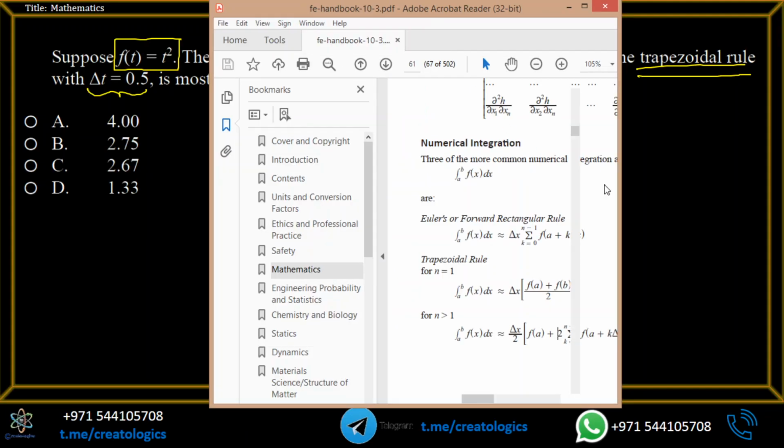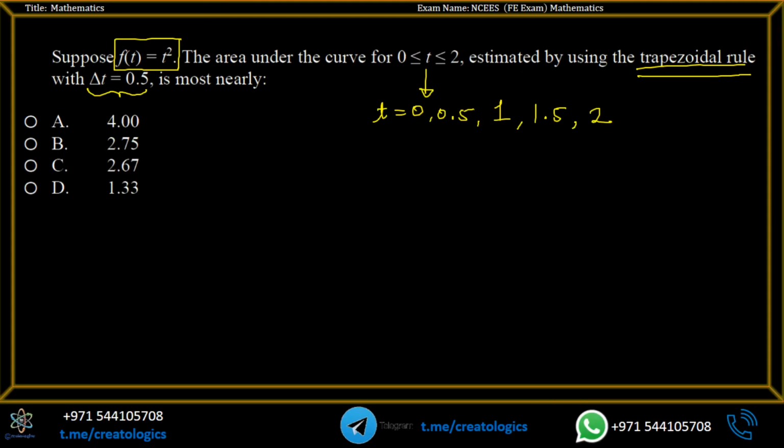Okay, so here also I am going to use the same thing in order to get my answer. You need to find the area using this integral formula, and we will use it to get our answer. So let's do the calculation part. We have the values of f of 0.